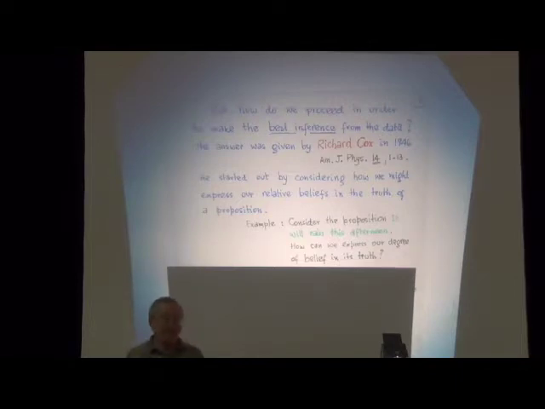For that, you may have some data, but you also have prior knowledge about the foundation, the setup of that particular experiment. So take, for example, the proposition, it will rain this afternoon, and you ask, how can I assign a probability to that statement being true?